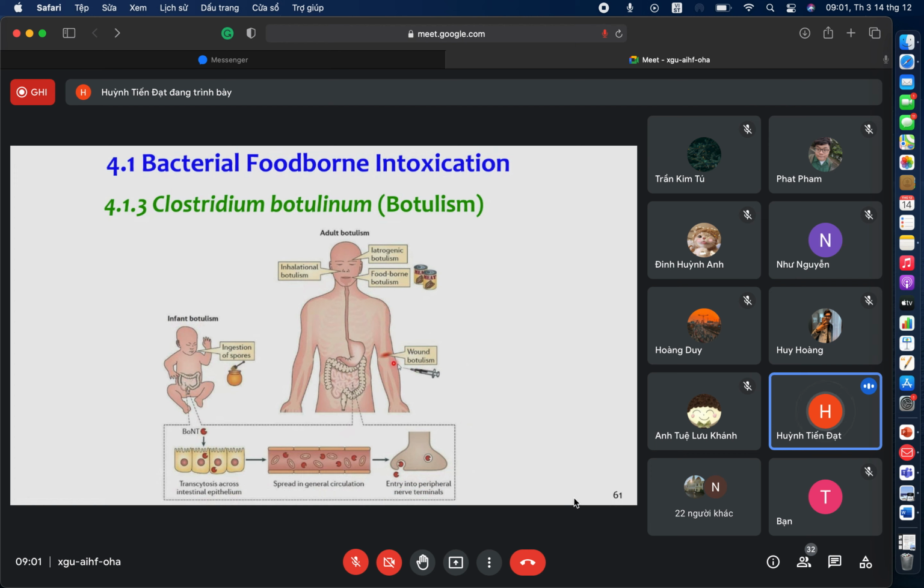And sometimes also wound botulism. So botulism is dangerous. Normally people just think about wound botulism, but foodborne botulism is also available. And you have the connection between wound botulism and foodborne botulism: actually, the same agent, Clostridium botulinum.